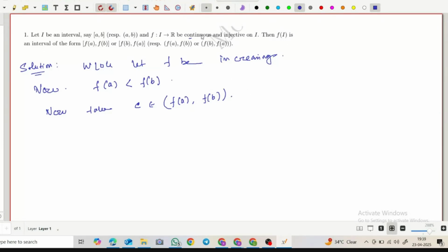Since f is continuous, by the intermediate value property of f, we have a d in (a, b) such that f(d) is c. That is right. Okay.